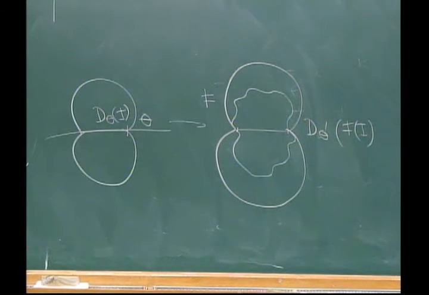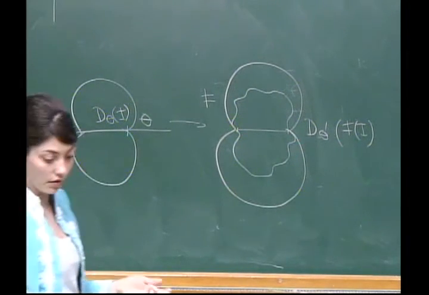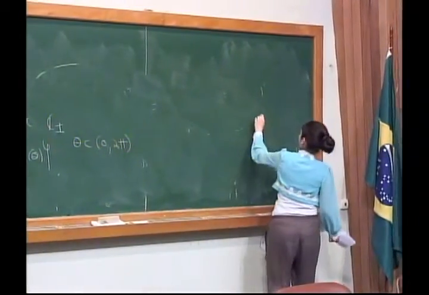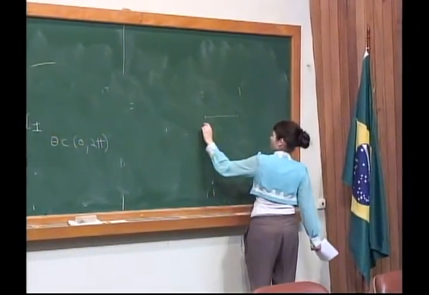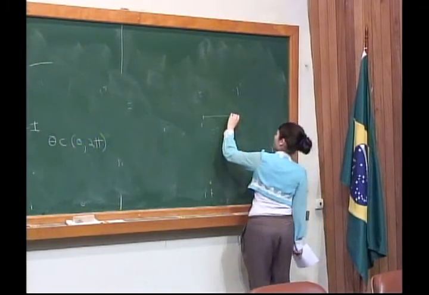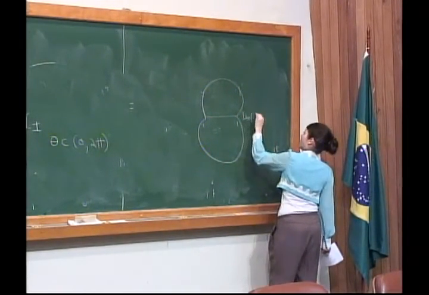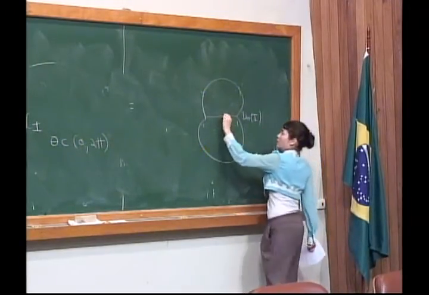Another easy thing to see is what happens when you have a critical point, as opposed to when the map is univalent. Imagine this is minus 1, 1, and then you have this Poincare disk here, theta I, and this is 0.